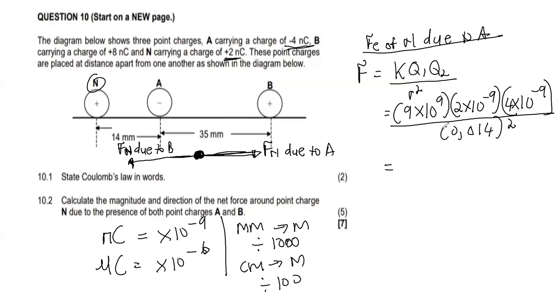Then here we have 0.014 and then square. So punching that into our calculator, we get 3.67 times 10 to the exponent of negative 4 newtons.